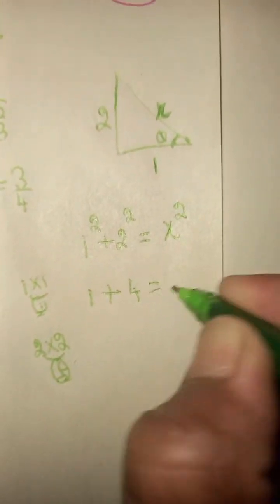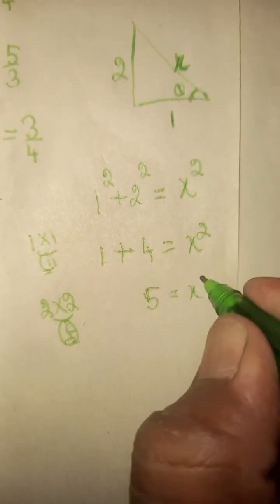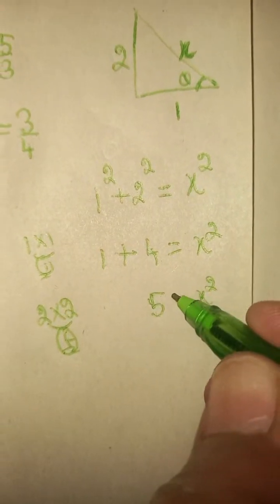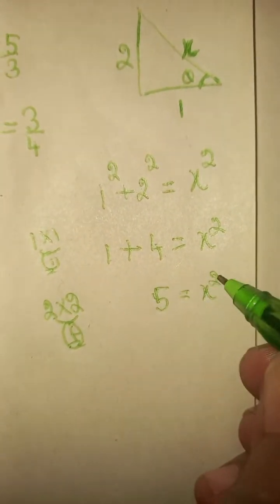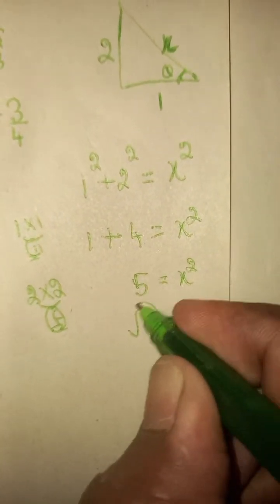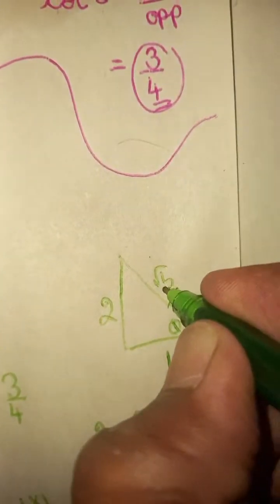So 1 plus 4 equals x square. 1 plus 4 is 5, so 5 equals x square. The square goes to the other side of the equal sign and becomes a root, so x equals root 5. So this side length is root 5.